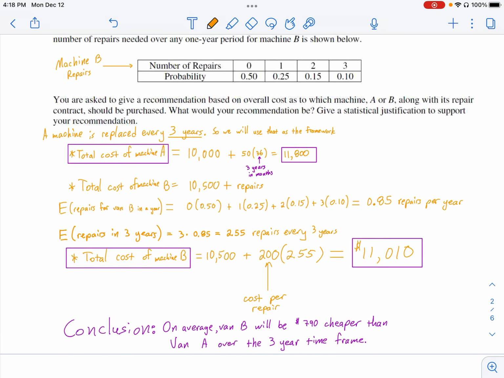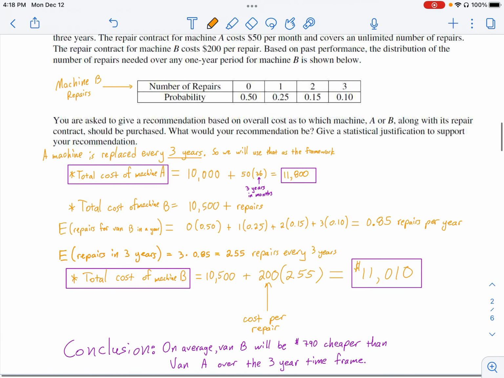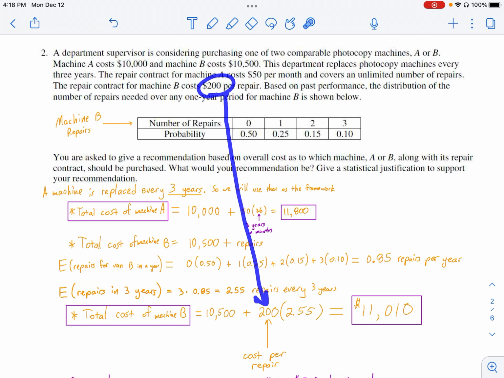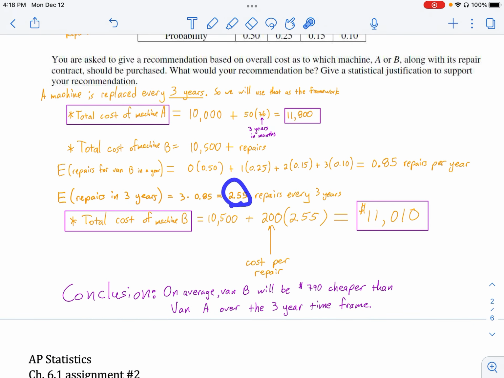And for machine B, you pay per repair. You pay $200 per repair, and you have, again, 2.55 repairs on average. Okay. And that's all you can do is make your best guess on what the average is going to be. You take the original cost of the machine plus the cost of the repairs, and you're going to get $11,010.